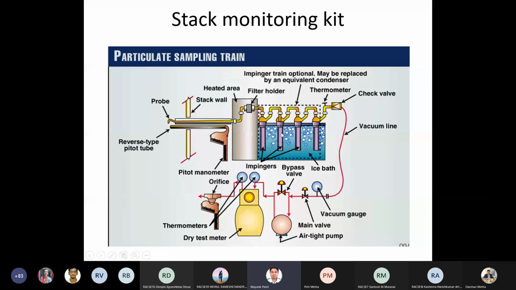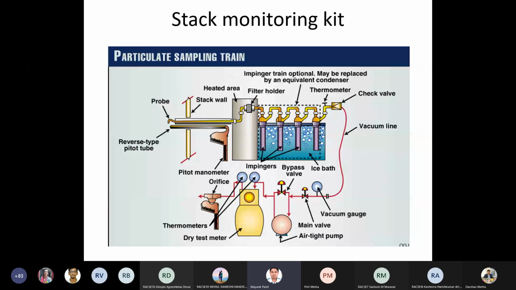So temperature is measured with the help of a thermocouple, and the pitot tube is there for measurement of the stack velocity, and then you will insert the probe having the thimble with that, and you will do this sampling for 20-30 minutes.